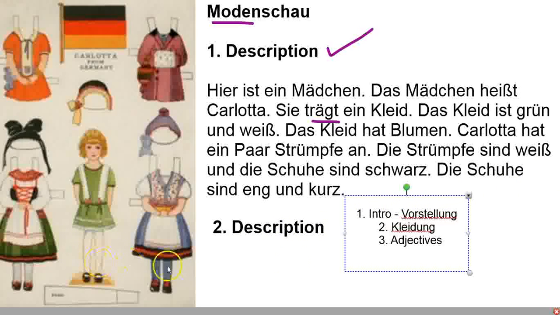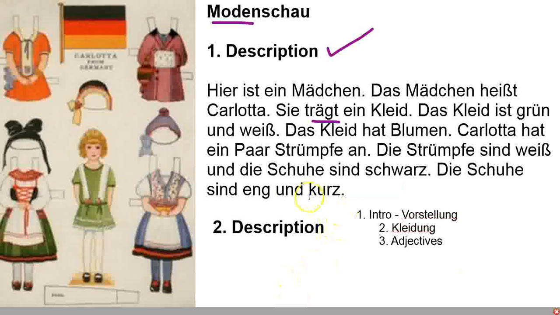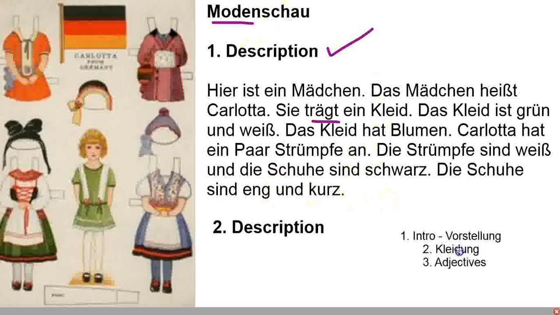She has a pair of stockings. Die Strümpfe sind weiß und die Schuhe sind schwarz. So plurals, right? The stockings are white and the shoes are black. Die Schuhe sind eng und kurz. The shoes are tight and short. So that would be something you want to consider as you have descriptors for a fashion show.